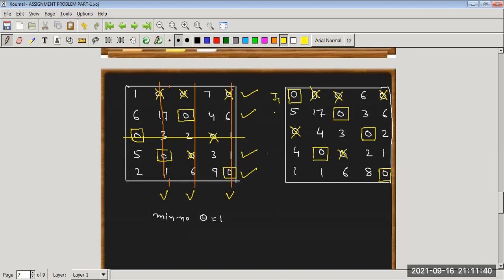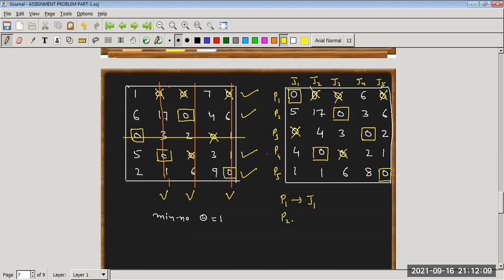So these are the respective jobs. These are the persons. And these are the respective jobs. So we are able to assign: P1 person gets J1 job.